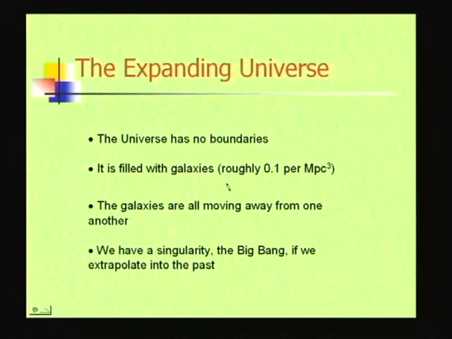Now, sitting here we observe that all the galaxies are moving away from us. You should not visualize that the galaxies are moving away from us into some region outside, because there is no region outside.